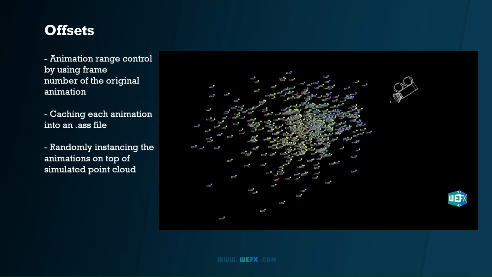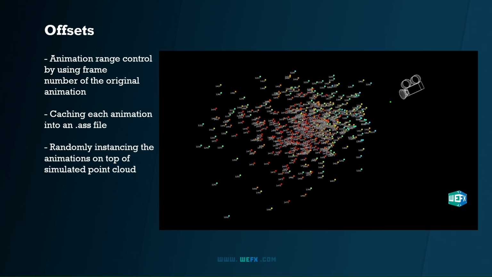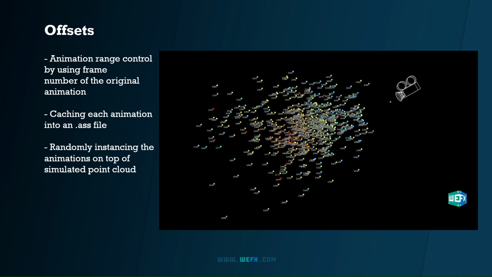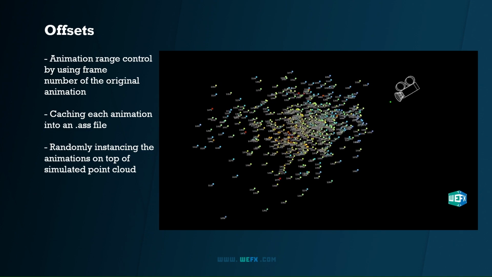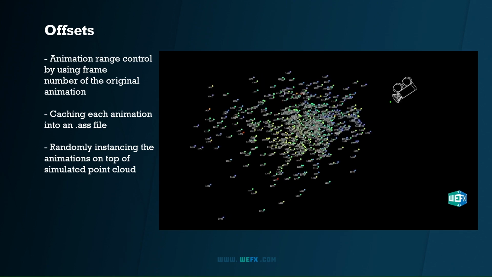Then we cached out each of the animations to an ASS file, and then we placed it on the point positions. Basically, we instanced this animation on each of the points. And to control the frame range of the animation, we also used an attribute called the frame number attribute.